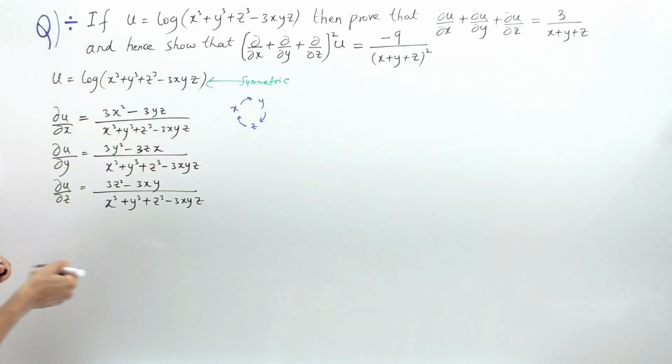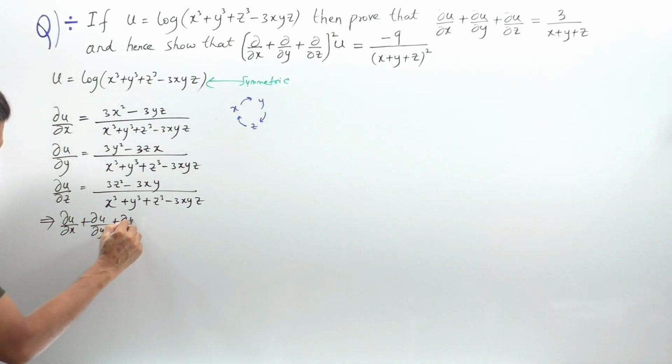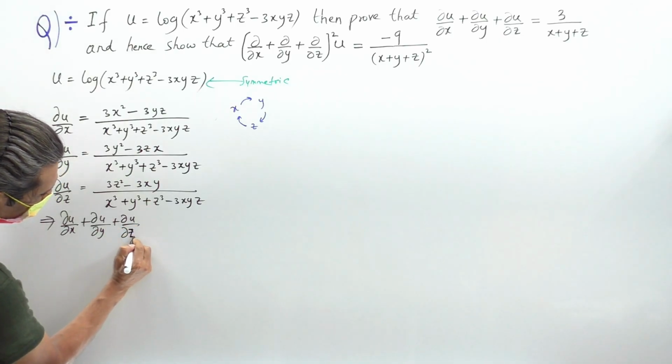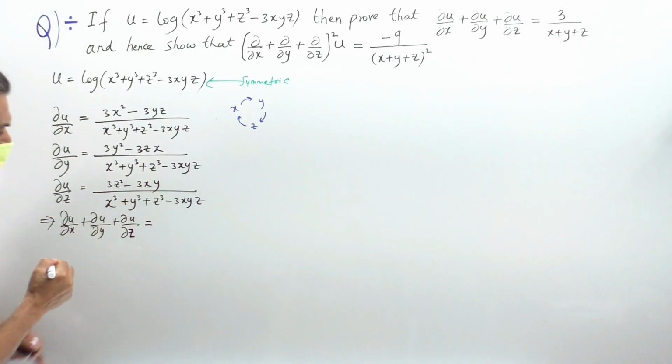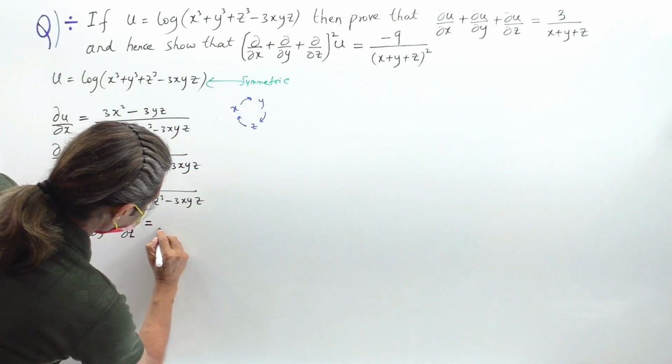If we add them together, we get dou u by dou x plus dou u by dou y plus dou u by dou z equals. If you add them, I do it directly here. The LCM is the same. I am adding all three. The LCM remains the same.